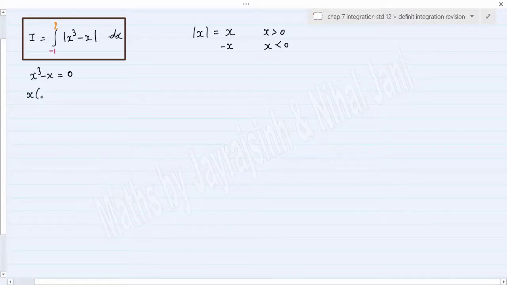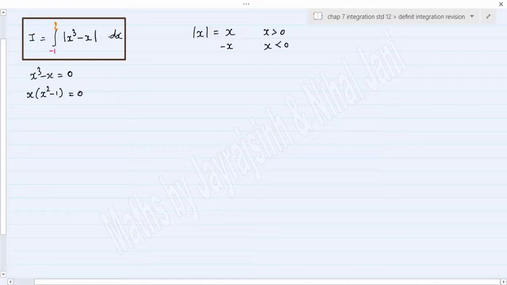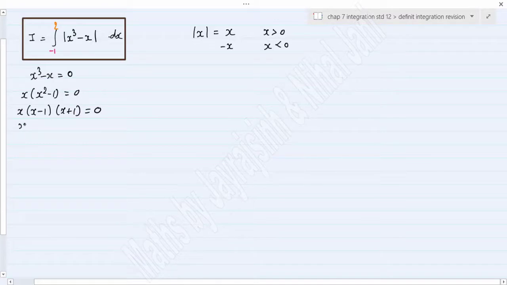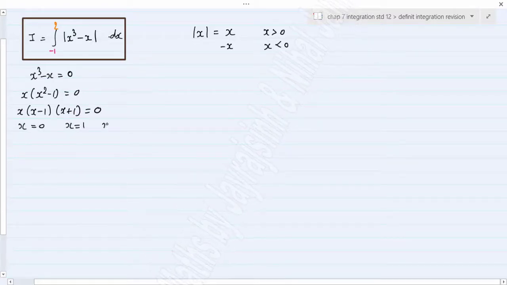Now let's take x common. So we'll get x square minus 1 is equal to 0. Or we can say x into x minus 1 into x plus 1 is equal to 0. So our function will be 0 at x equal to 0, x is equal to 1, and x is equal to minus 1.